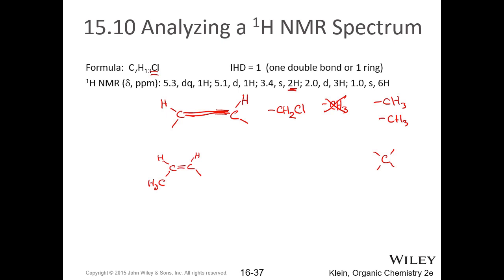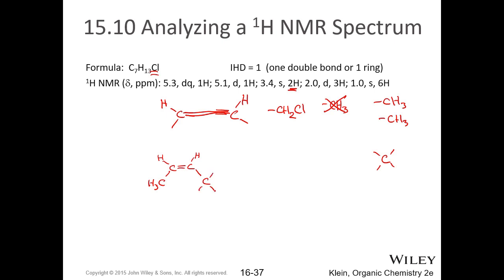All right, what about this other carbon? This one here, our data line tells us we have 1 hydrogen. It's a doublet. Doublet would account for this neighbor here, meaning this carbon has no hydrogens. If it had a hydrogen, it would also contribute to the splitting. So this must be our quaternary carbon.